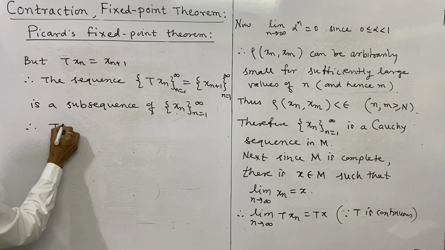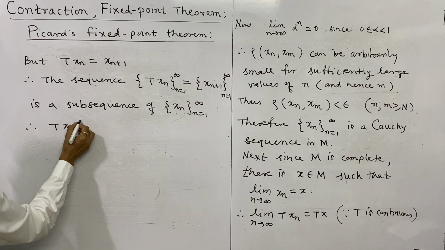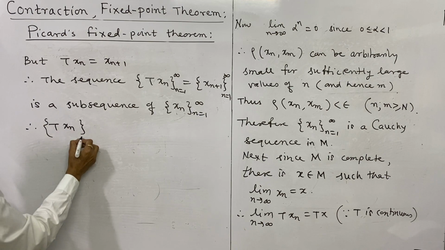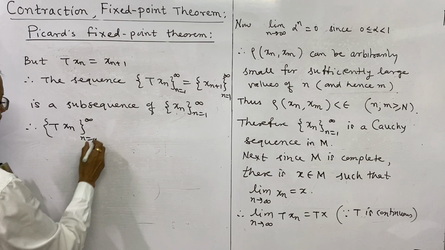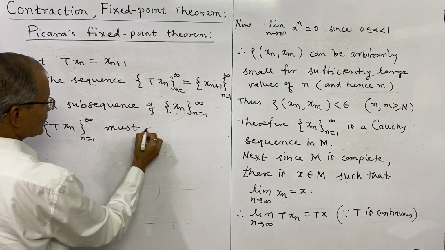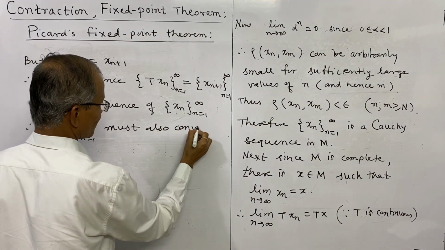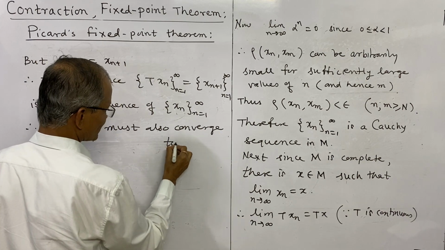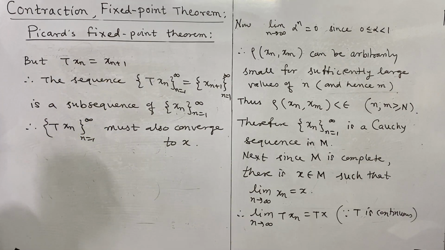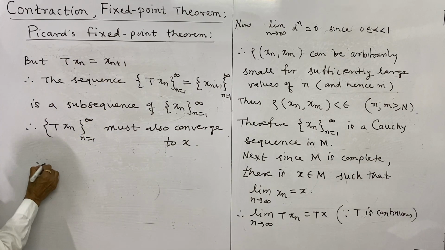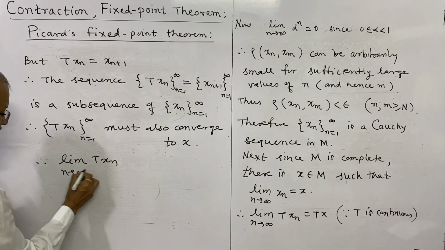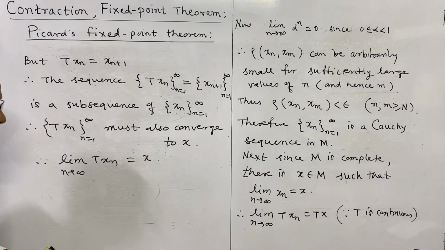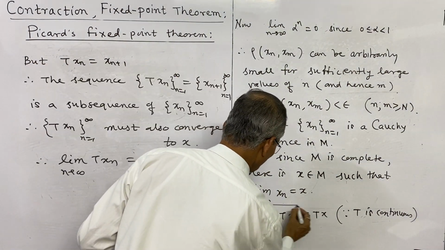Therefore, Txn converges to x, because xn converges to x and a subsequence must also converge to x. And what that gives? Limit of Txn as n tends to infinity is equal to x. Now you note these two. See what we have?